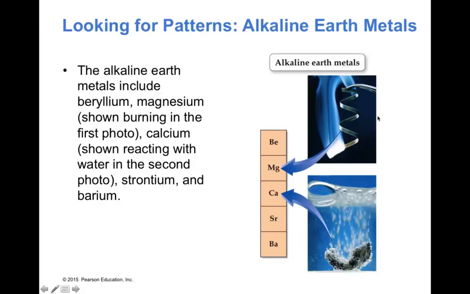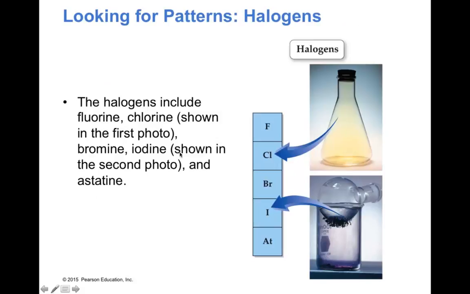And also they are solids because they are metals. The halogens include fluorine, chlorine, bromine, iodine, and astatine. So here we have chlorine as a gas, and also the iodine here. It is a gas, but also when you heat it, you can see the solid iodine.